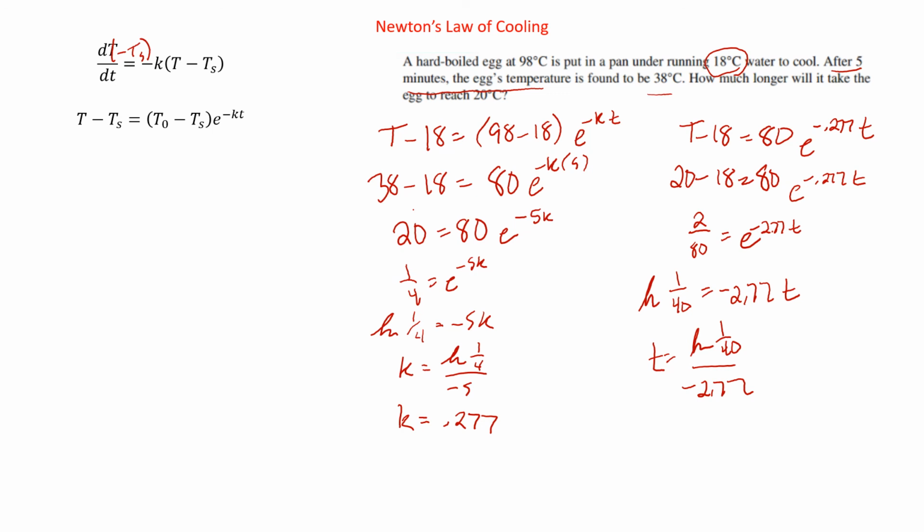Natural log of 1/40 is negative 3 point something. Divide by the negative 0.277 gives us 13.3 minutes. So after 13.3 minutes, the egg should be at about 20 degrees Celsius.